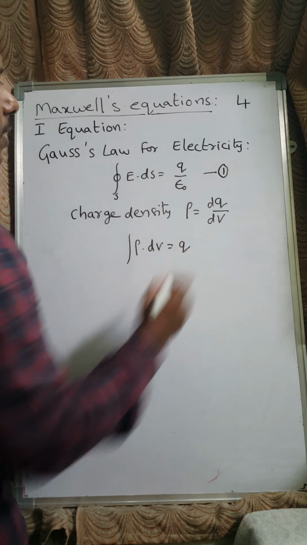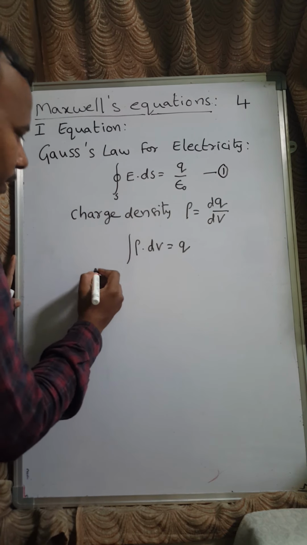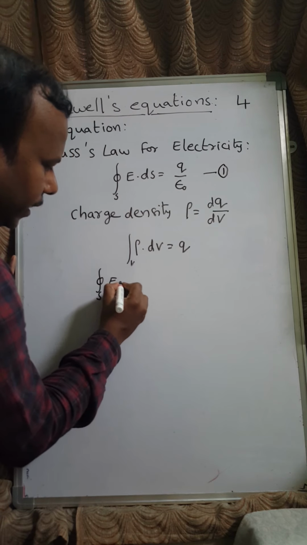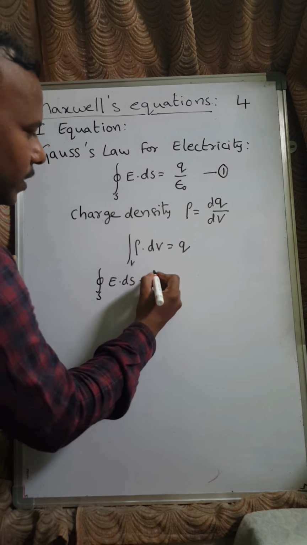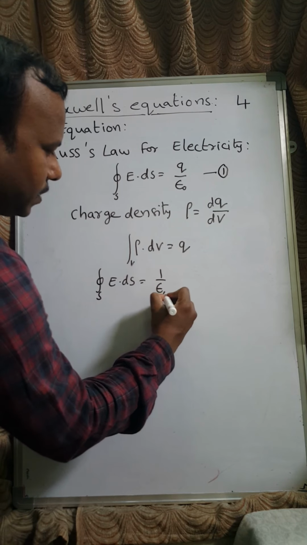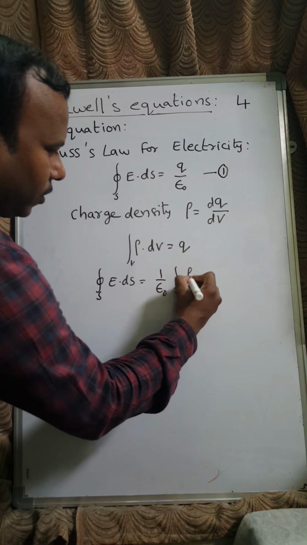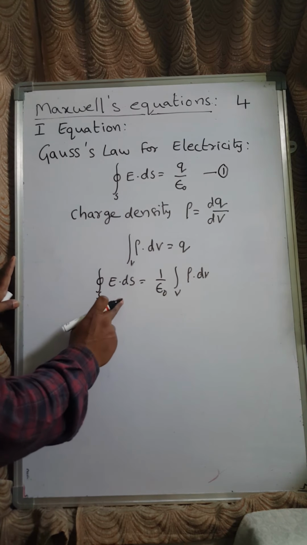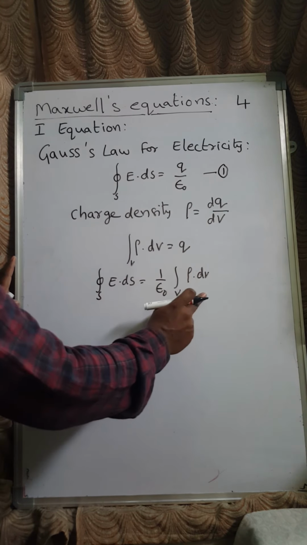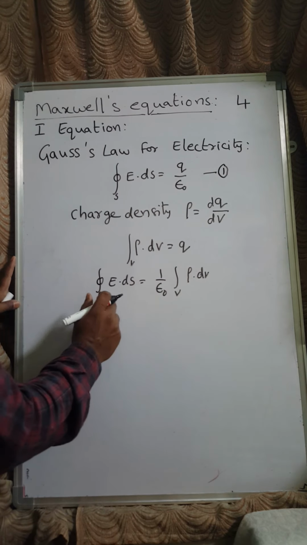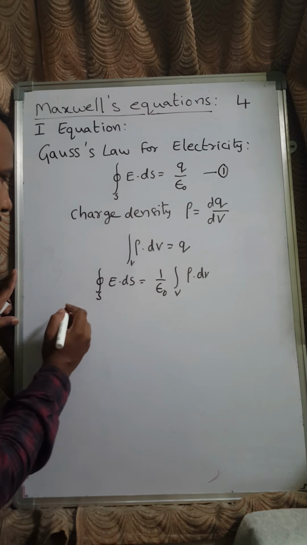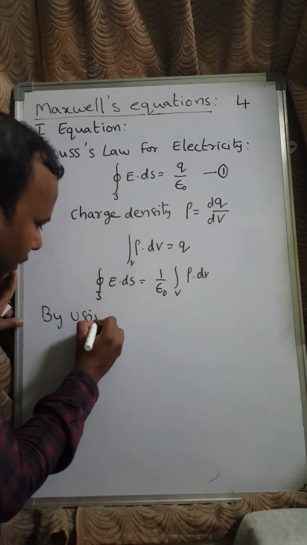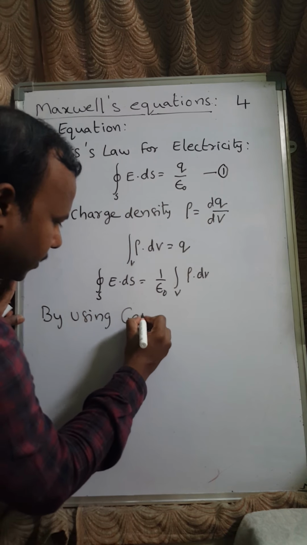Then equation number 1 becomes surface integral of E dot ds equals 1 by epsilon naught times volume integral of rho into dV. I have a surface integral on the left hand side and a volume integral on the right hand side. Let us convert the left hand side by using the Gauss divergence theorem.